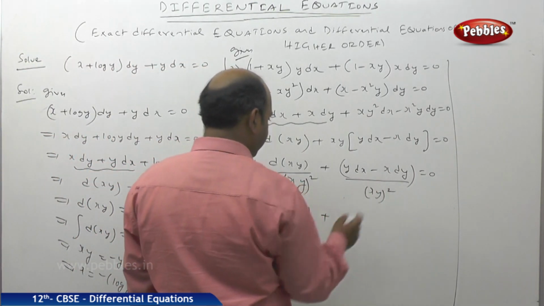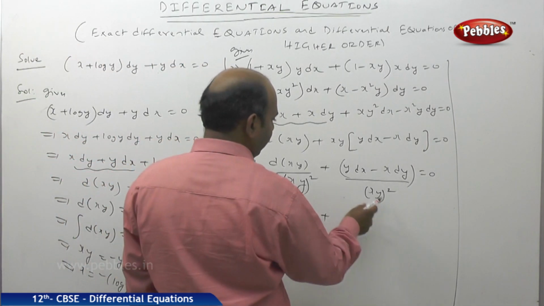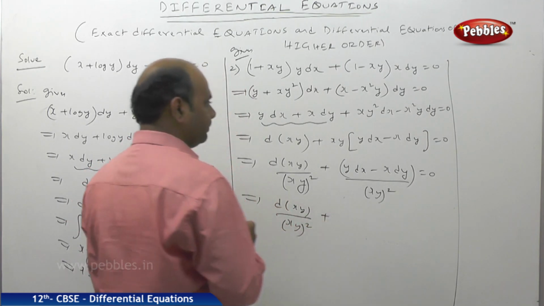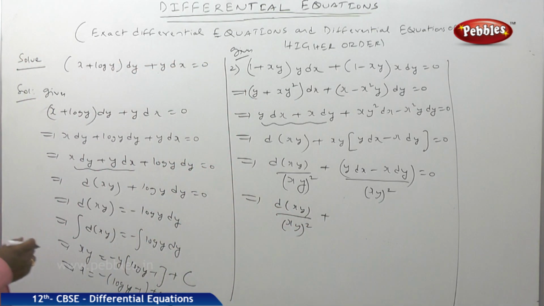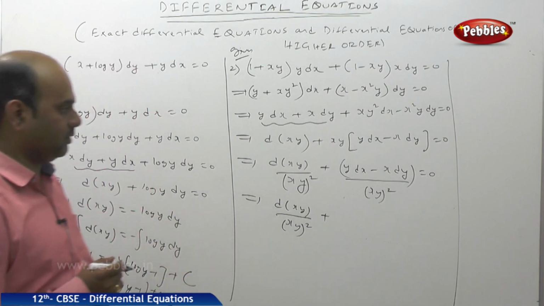So I think one y will get cancelled and we will get y dx minus x dy divided by (xy) whole square. I think we can remember a wonderful result.